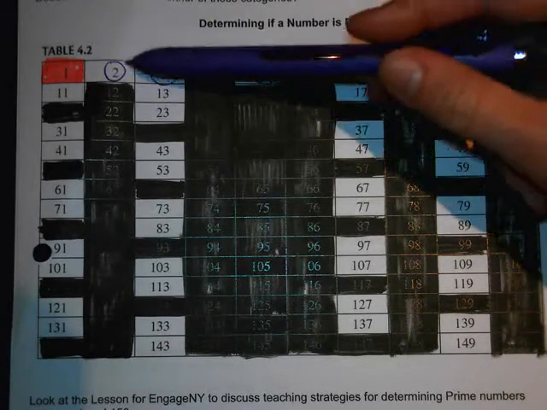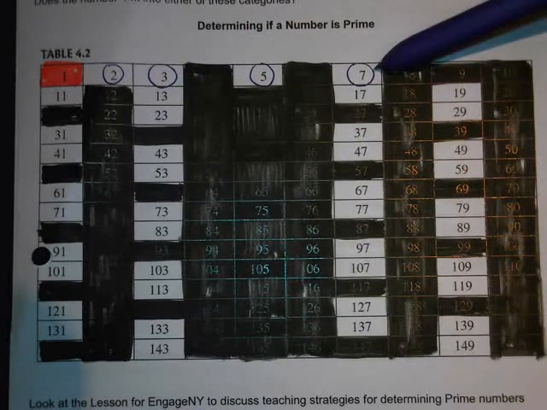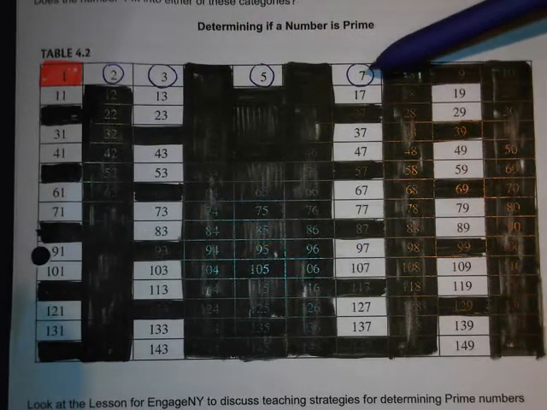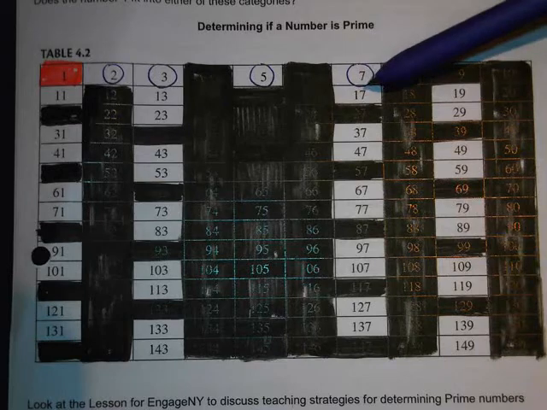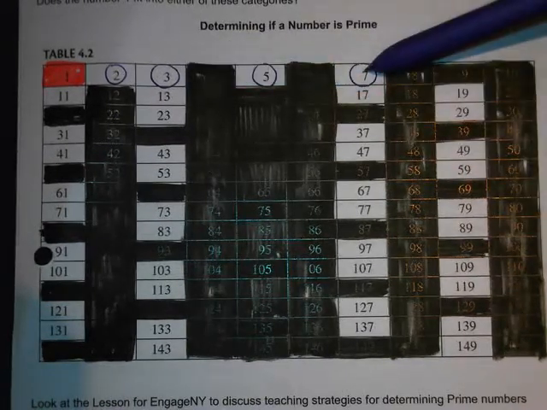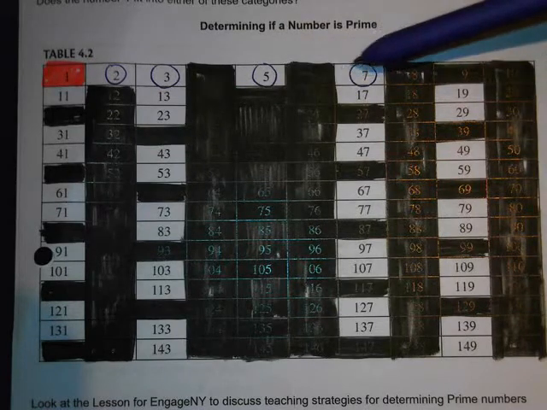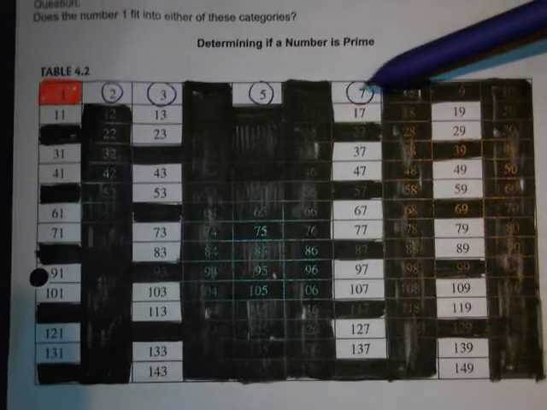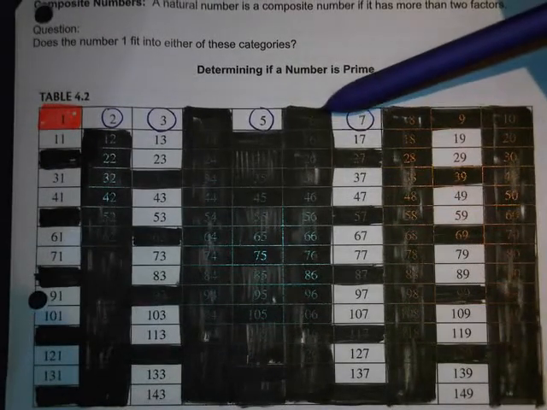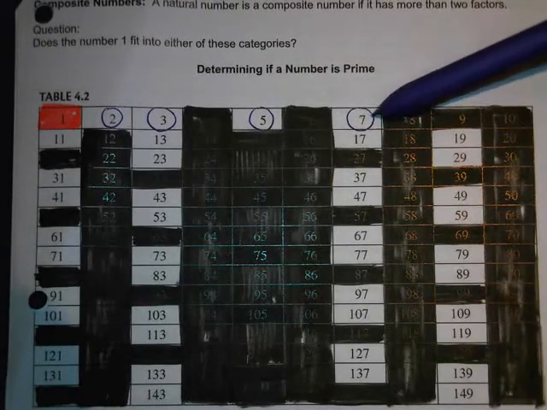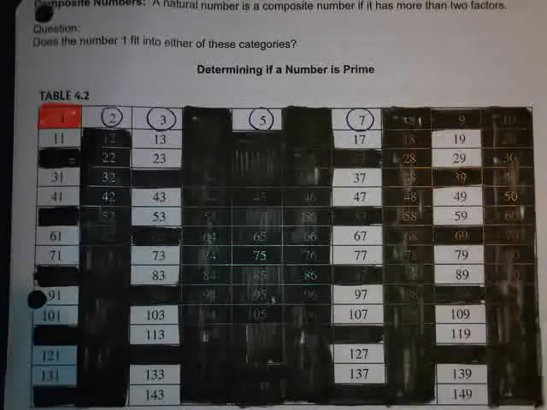So that means I've crossed off 7 times 1, 7 times 2, 7 times 3, 7 times 4, 7 times 5, 7 times 6, because I've crossed off all the multiples of 6. So the first one I haven't crossed off yet is 7 times 7. So I'm going to find 49.